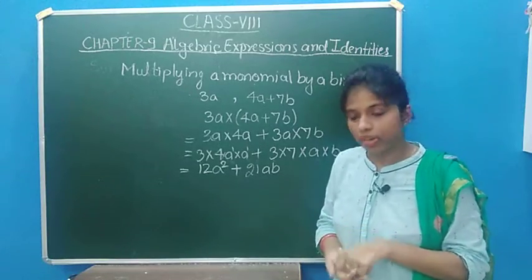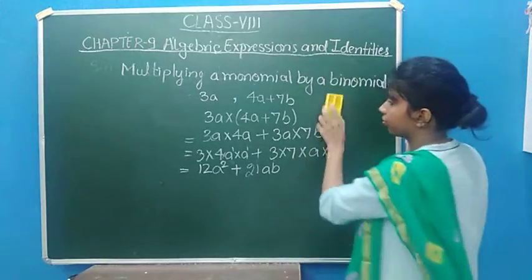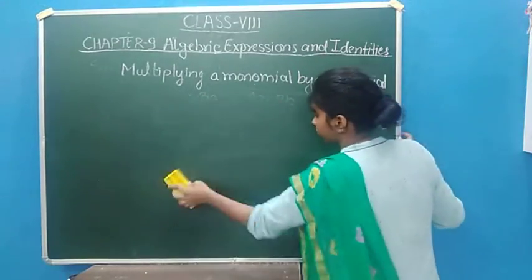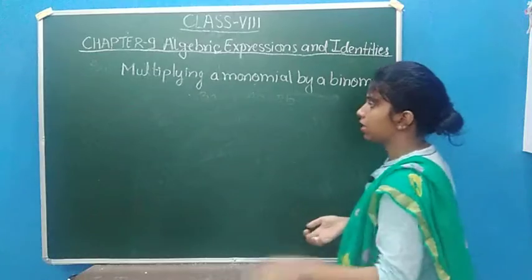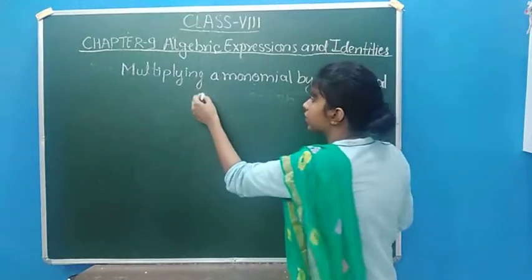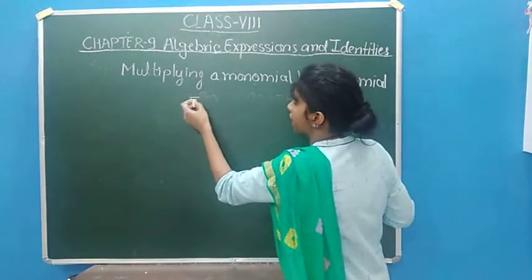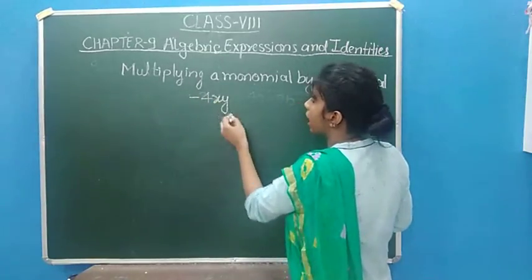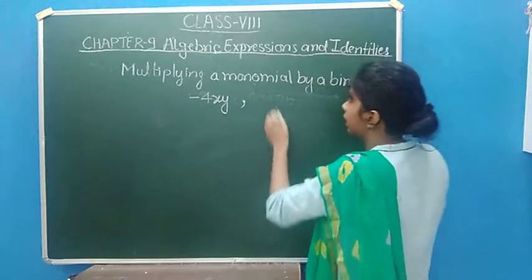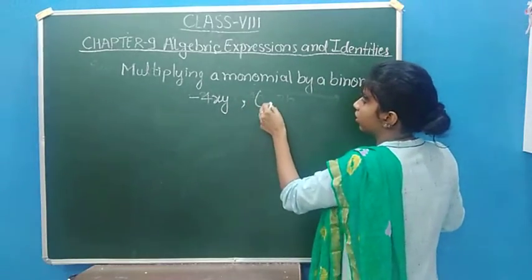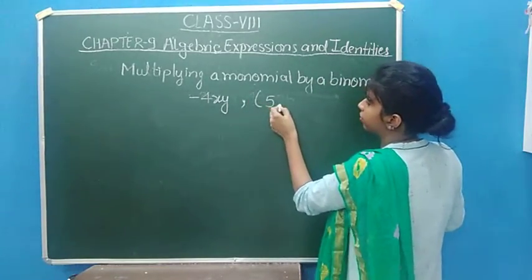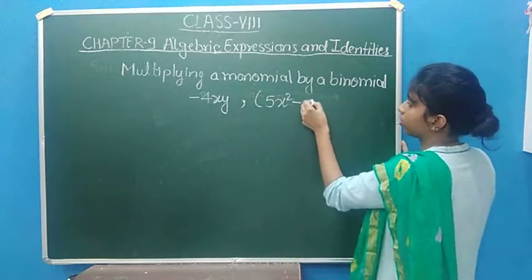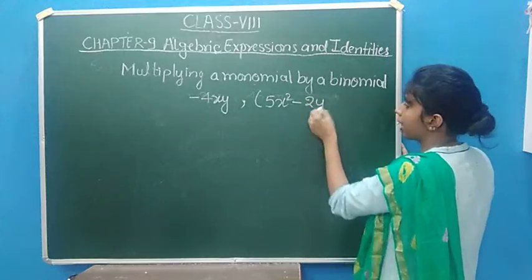I am taking one more example. Suppose the monomial is minus 4xy, and the binomial is 5x square minus 2y square.